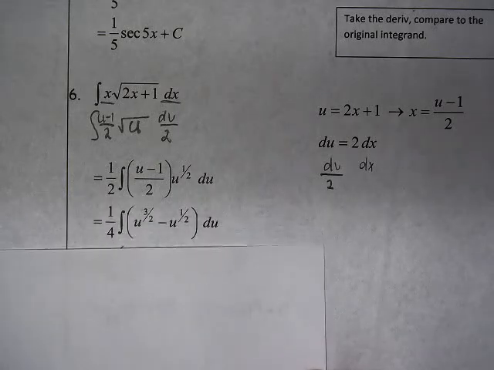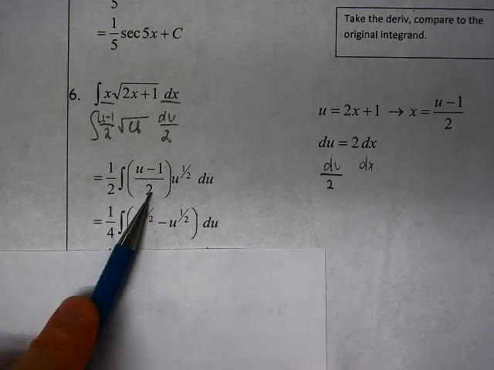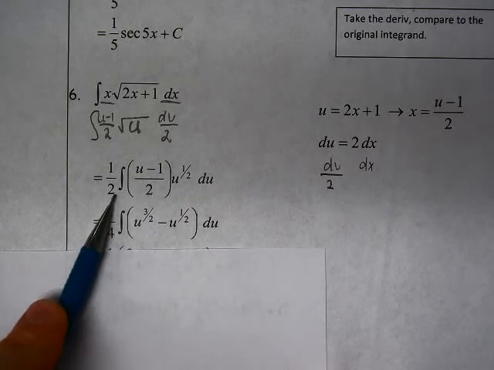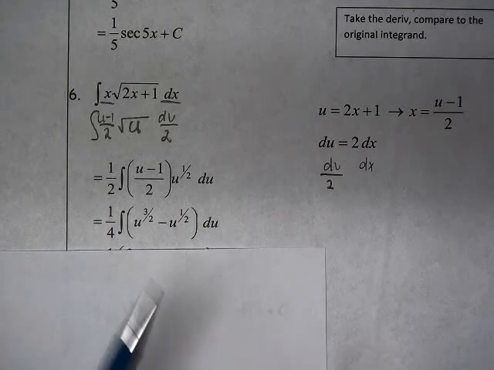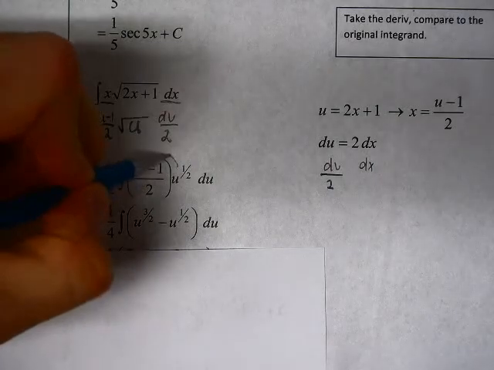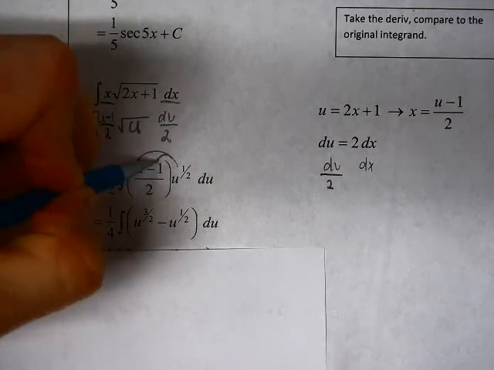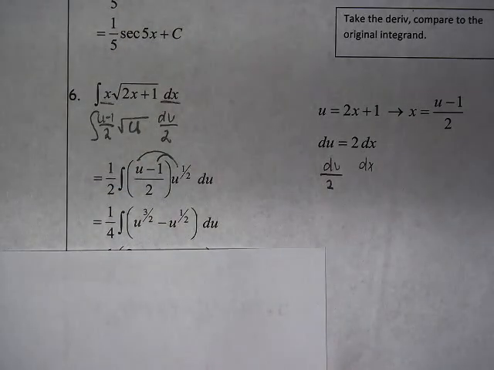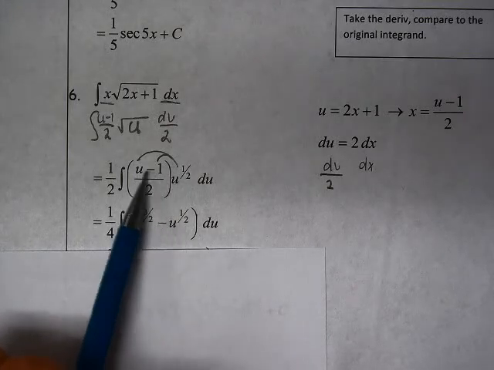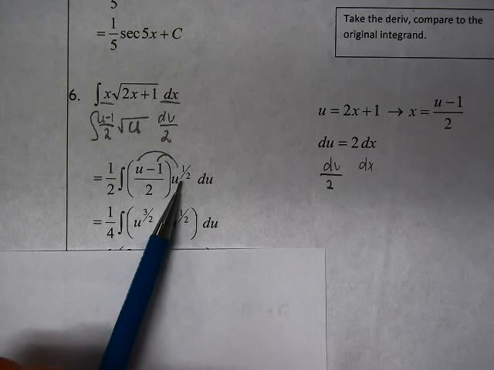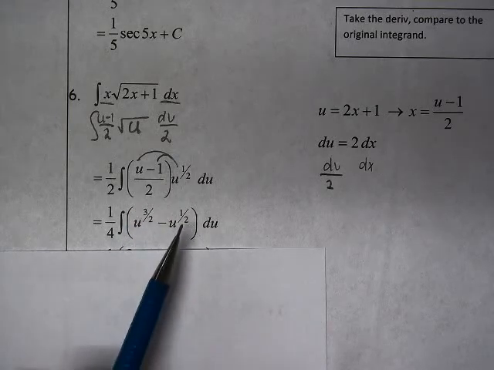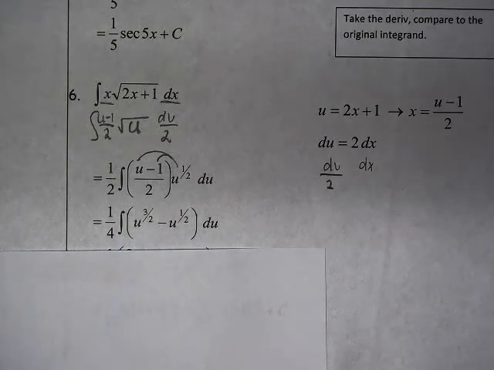So my next step, I'm going to take this divided by 2 out here. So the 1/2 becomes a 1/4. And then I'm actually going to distribute the u to the 1/2 here and here. So u to the 1/2 times u, I add up the exponents and get u to the 3/2. And then, of course, u to the 1/2 times 1 is just u to the 1/2.